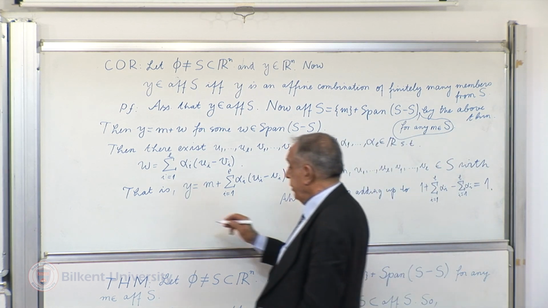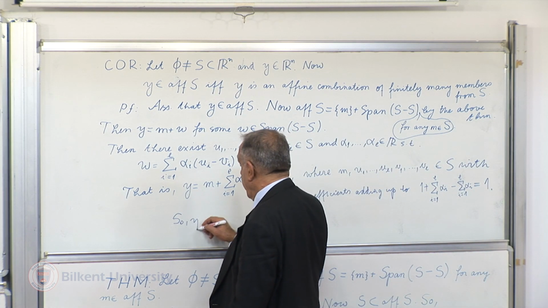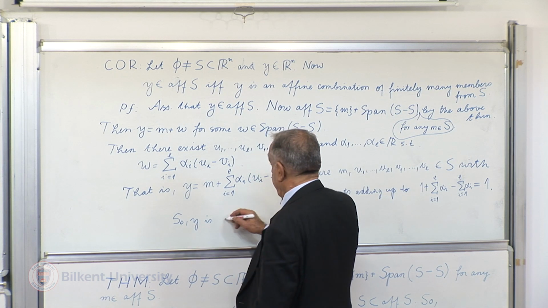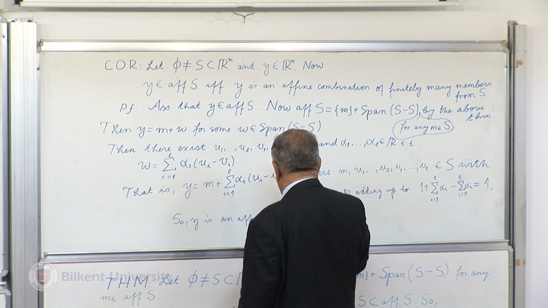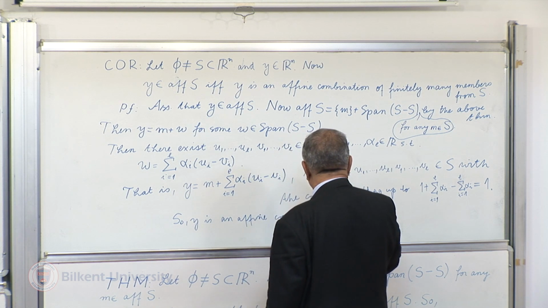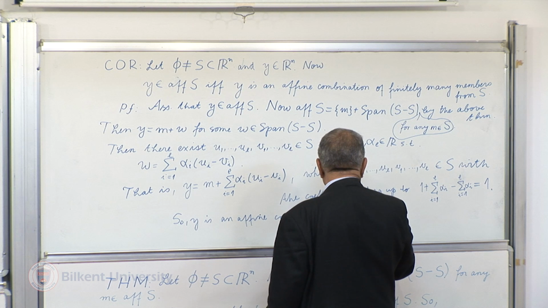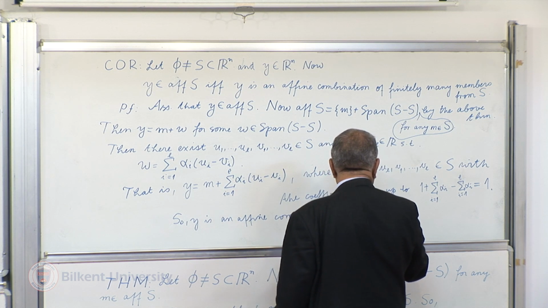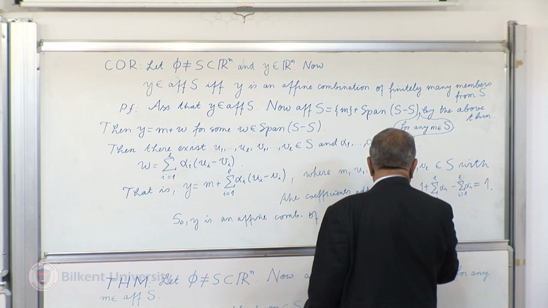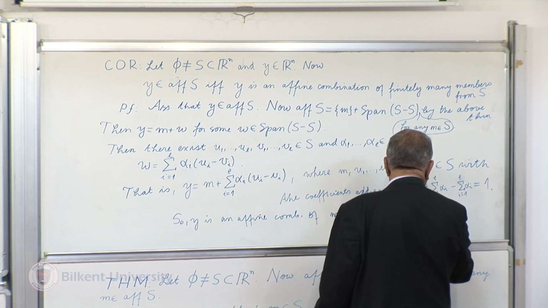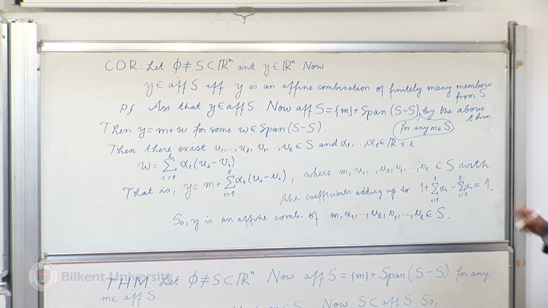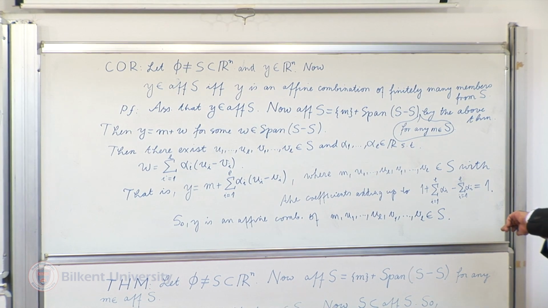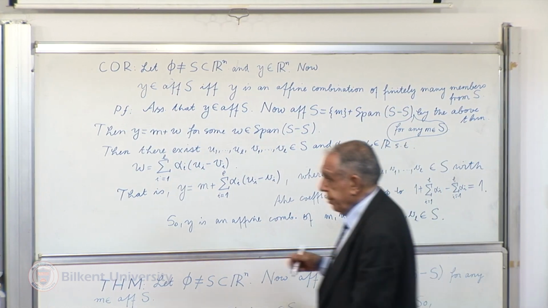So y is an affine combination of m, u1, ul, v1, vl, all of which are in S. Now, let us also show the converse.